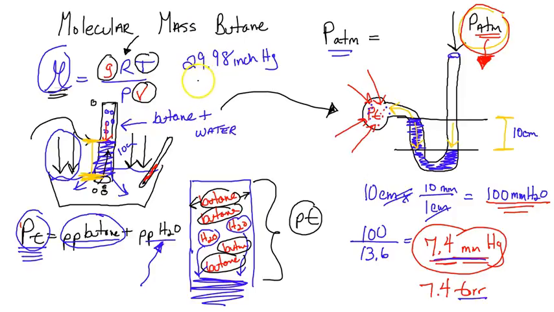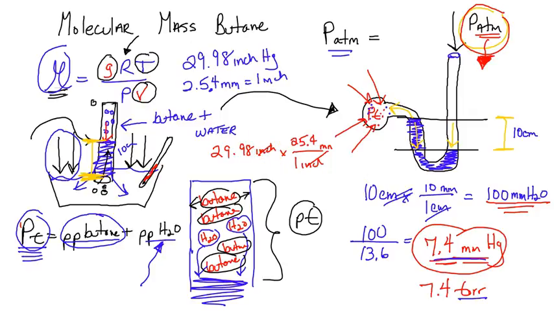Not really though. I know that there are 2.54 centimeters per inch, or 25.4 millimeters equals 1 inch. So if I were to do this conversion, I would take my 29.98 inches, and I want to get rid of inches, so for every 1 inch there's 25.4 millimeters.